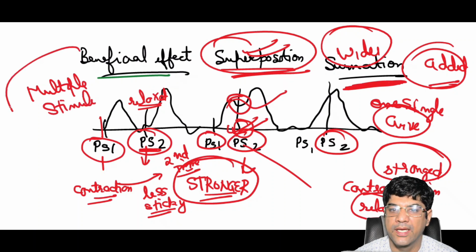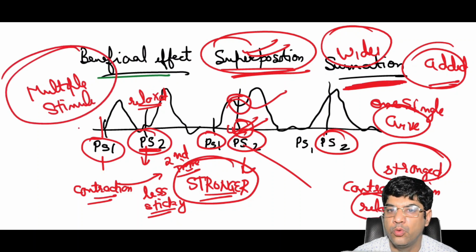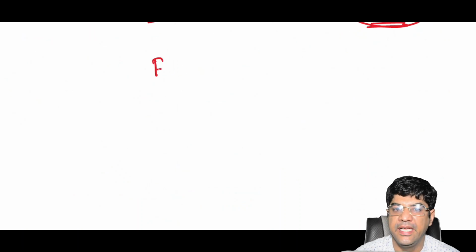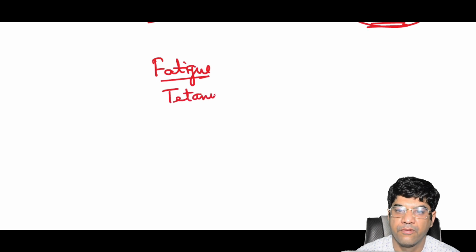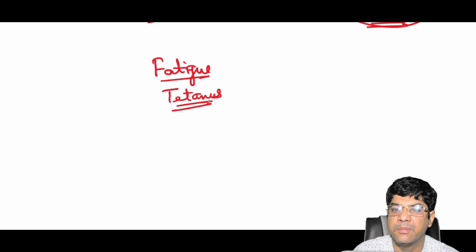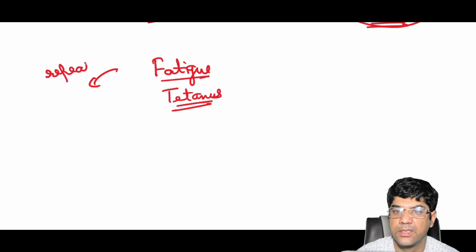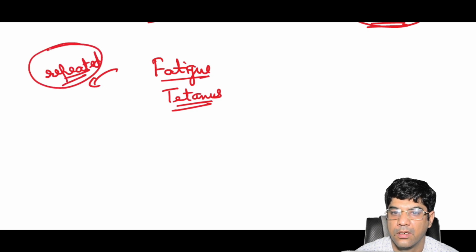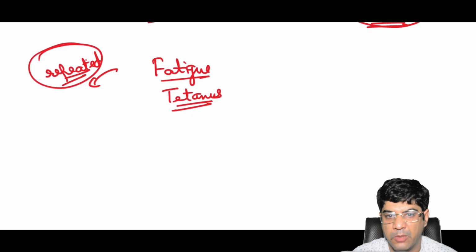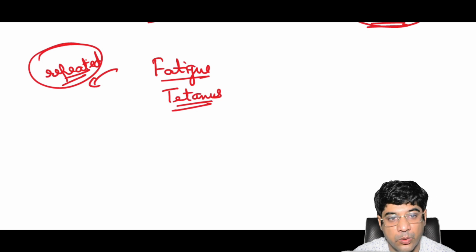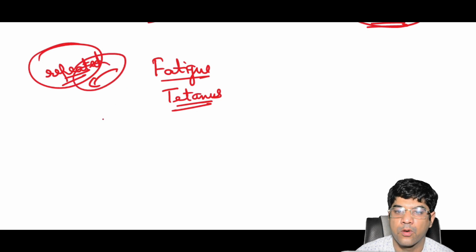The other is multiple stimuli. When multiple stimuli are applied to a muscle nerve preparation, two main effects we can see: one is fatigue and the other is tetanus. Fatigue, remember, is a decrease in muscular activity due to repeated stimuli. When the stimuli are repeated, the muscle eventually stops responding, leading to fatigue. What could be the cause of fatigue?